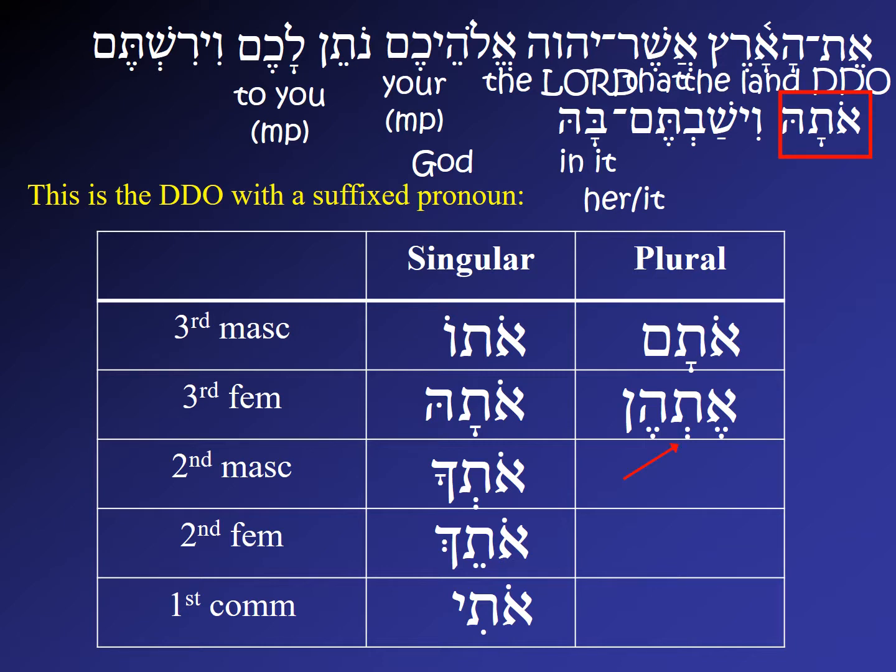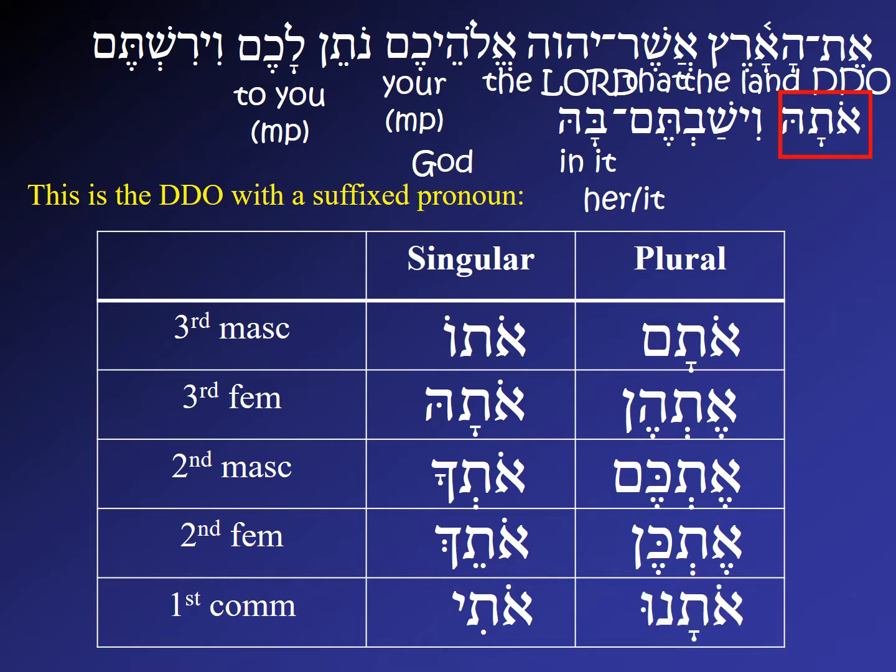The reason for that is because this vowel is a silent shva. So in that case, when there's not a full vowel under the tav, it's going to be et instead of ot. Notice that we still have the spiranted tav. So et hen. And the same situation here. Et kem, et ken. And then first common plural back to otanu. Notice the full vowel there.